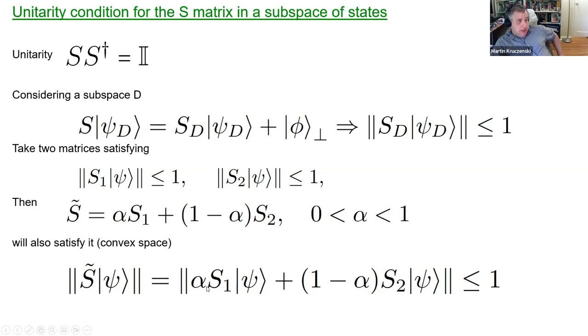S1 applied to psi has norm less or equal than 1, so it's in a ball of radius 1, and so is S2. So if I make a linear combination or a segment between 2 vectors in a ball of radius 1, it will be inside the ball, and that means that this is less or equal than 1 for any psi, and that means that S tilde is in the space. So the space of allowed S matrices projected to a subspace is a convex space.